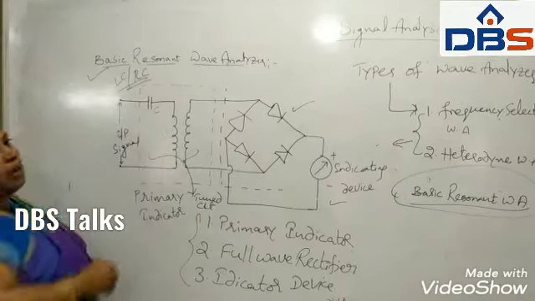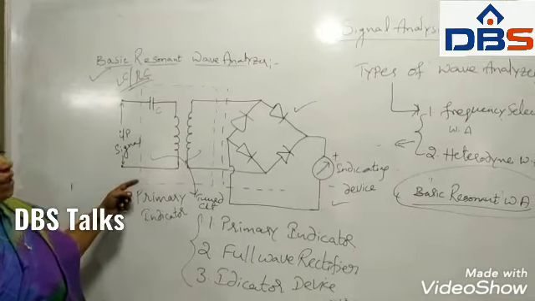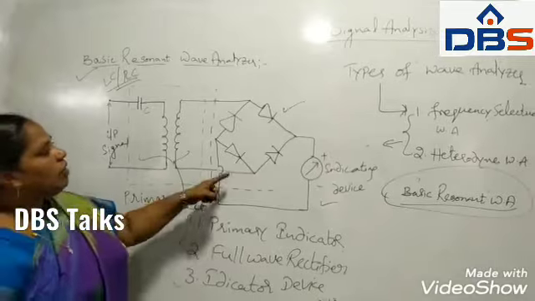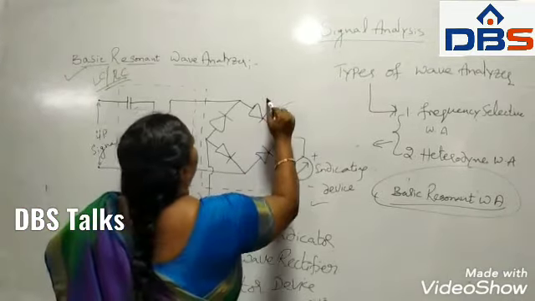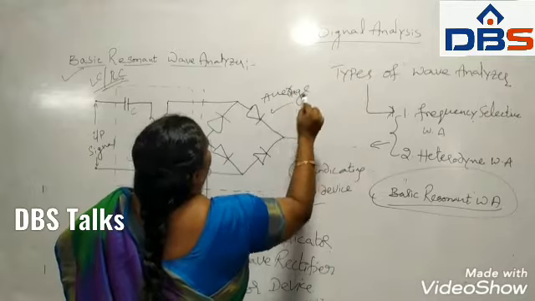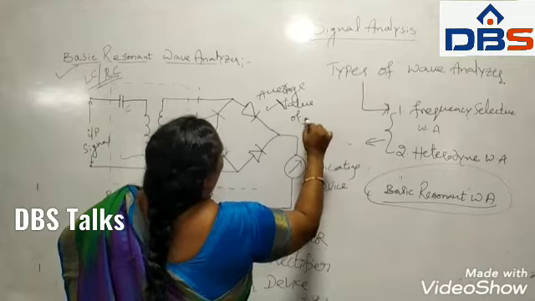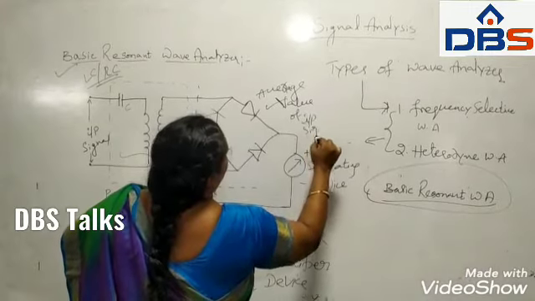After that, the full wave rectifier gives the average value of the input signal.